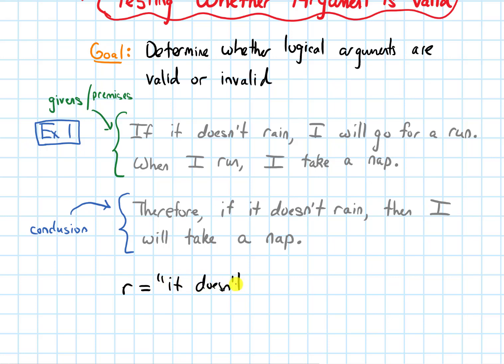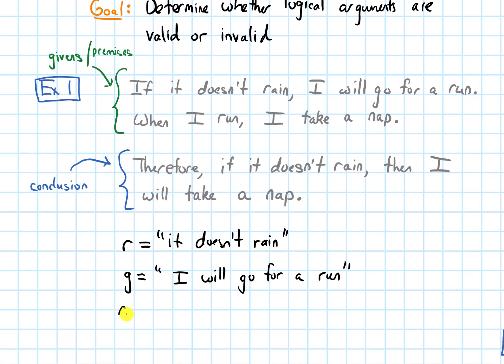And let G be the proposition that I will go for a run. So the very first sentence seems like an if-then statement. And then there's this matter of taking a nap. I'll call it N. N is going to be I will take a nap.